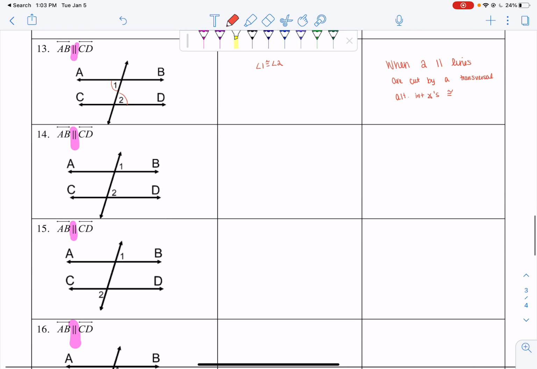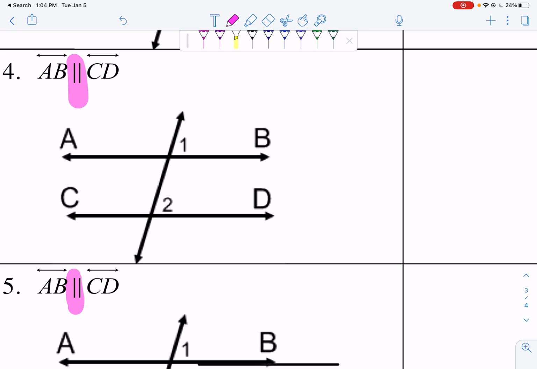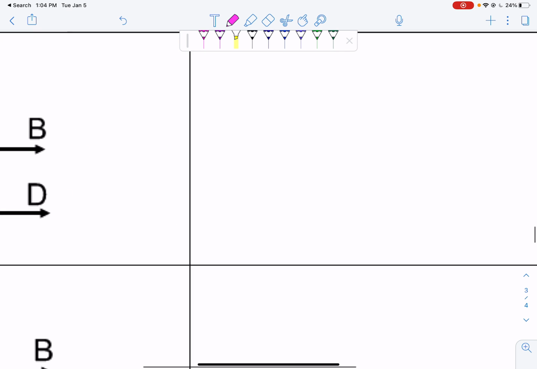In this example, number 14, I have angle 1 and angle 2 again, but this time they're not alternate interior and they're definitely not alternate exterior. They are actually corresponding angles. So I can say angle 1 and angle 2 are congruent to each other again.